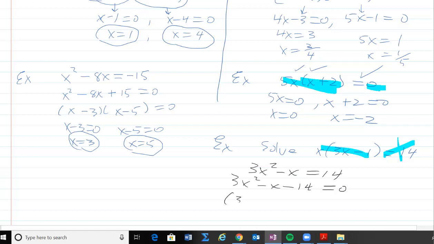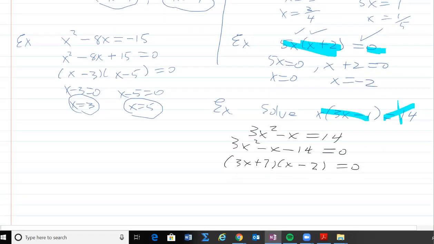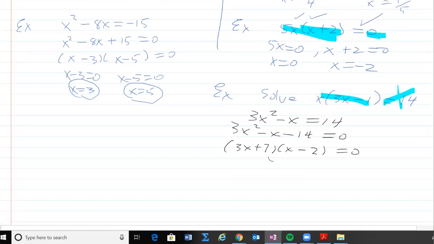Now start your factoring. Any method you want. I'm going to go with the 7 and the 2, and we're going to make this a minus and a plus. Let's see if that works. I can do a quick check here. This is 7x and this is negative 6x.